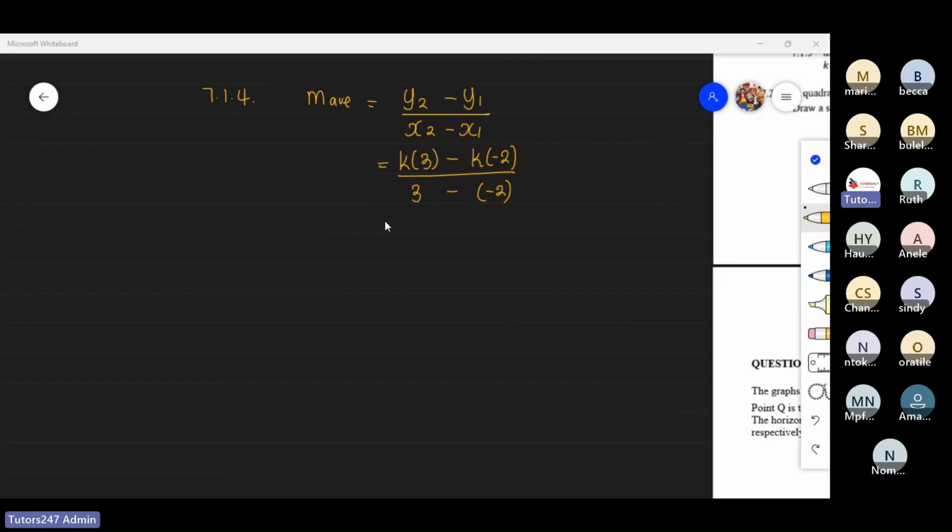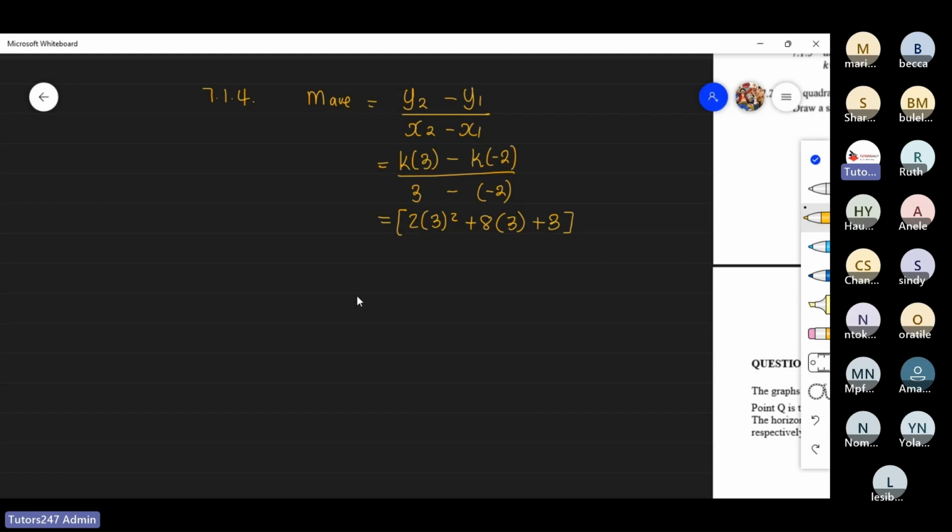So let's start. k of 3 is going to be 2 into 3 squared plus 8 into 3 plus 3. That is our first y, y2. That is k of 3. Minus now the second y, which is y1. That's going to be k of -2.